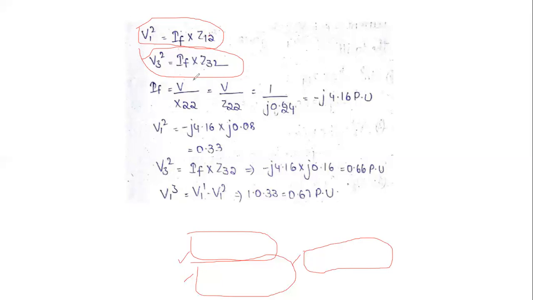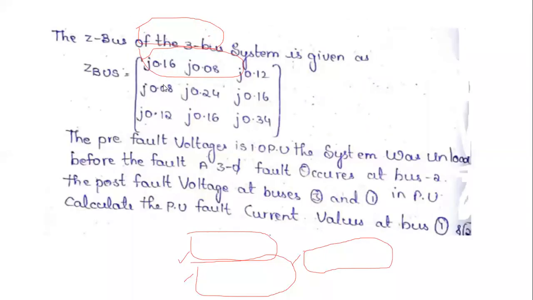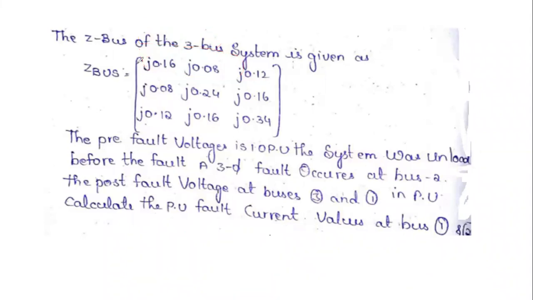What is the voltage V? That will be given in the question, and it is 1. Then Z22: in the question we obtain the Z matrix, that is Z11, Z12 and Z13.